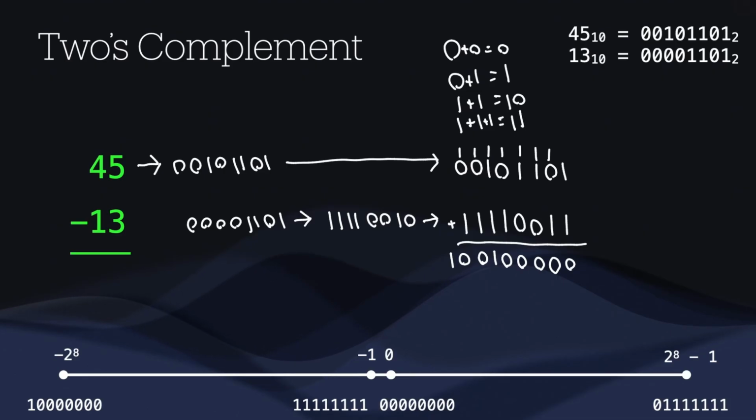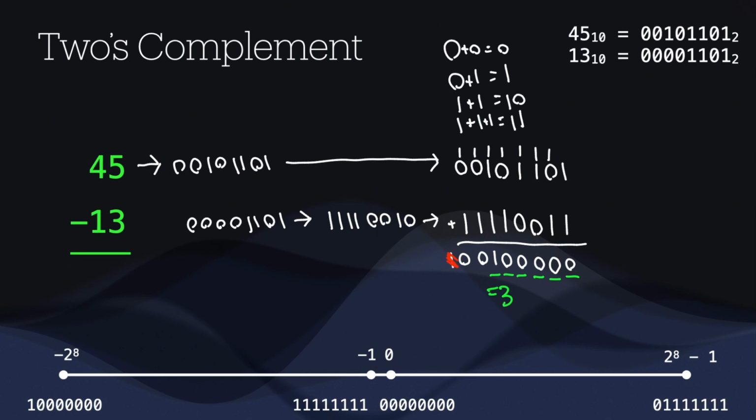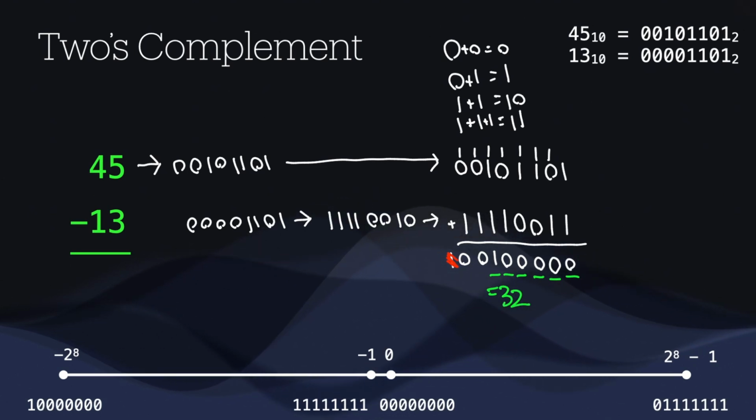So we can safely disregard this last bit. And what value is this going to equal? We have the ones place, 2, 4, 8, 16, and then this is 32. So this is going to be equal to 32, since that's the only bit that's a 1.